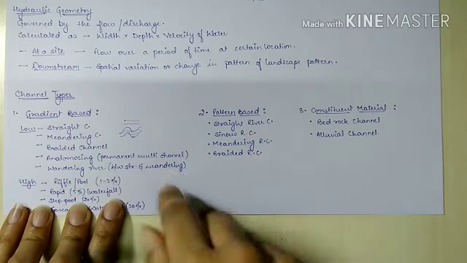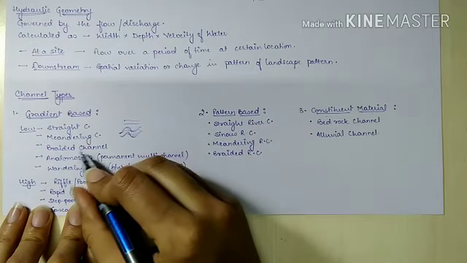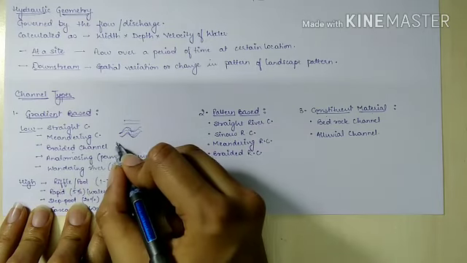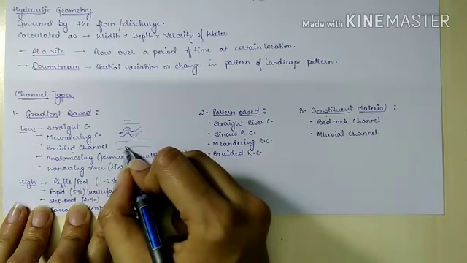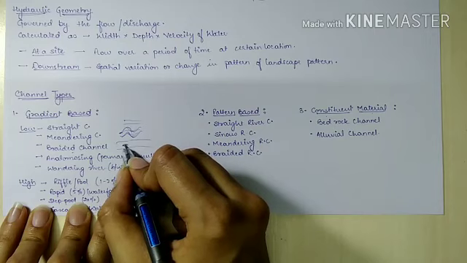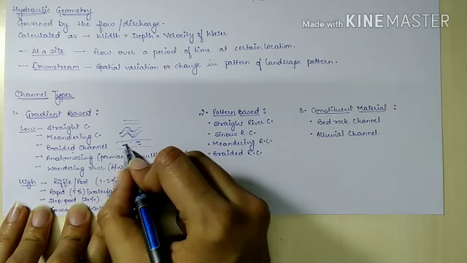Okay. So meandering river or meandering channel. Next is braided channel. Braided channel is actually when we have this river and the sediment loads are deposited in between, which will form island-type things. So these are known as braided channels.